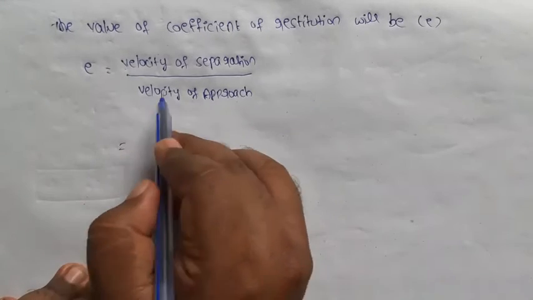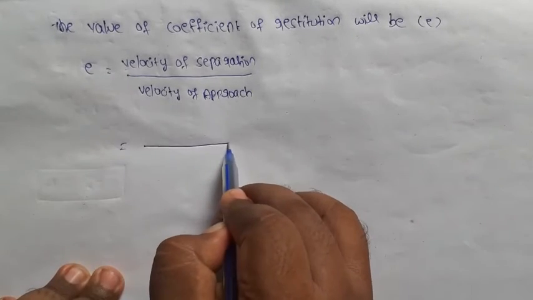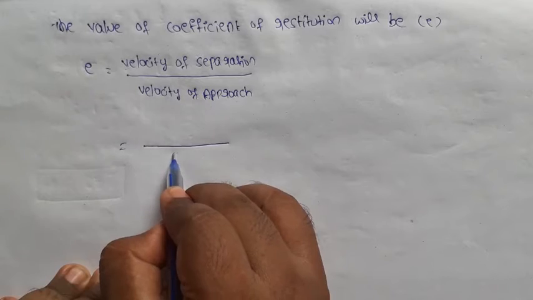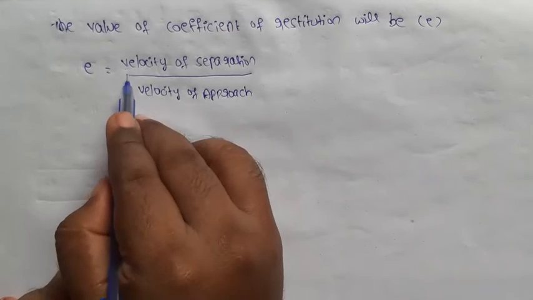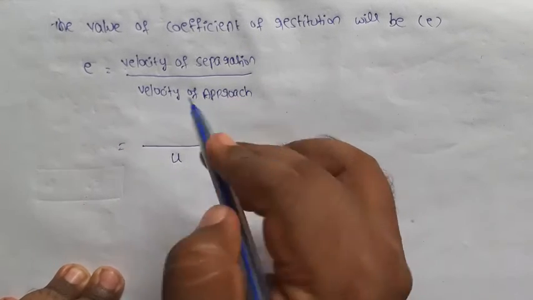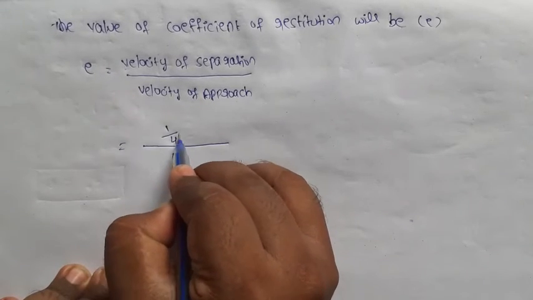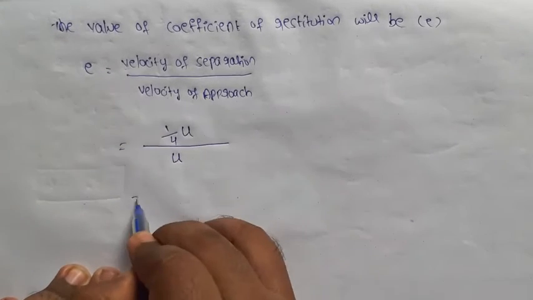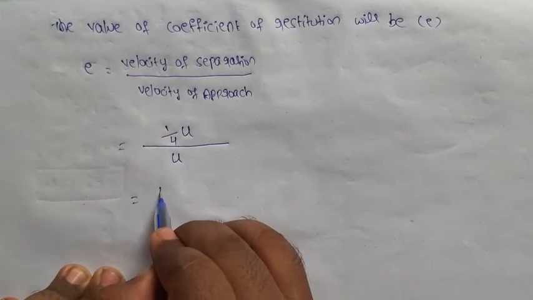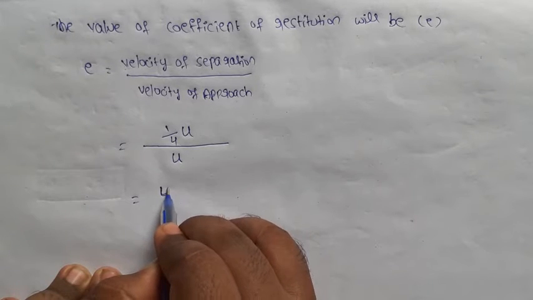The velocity of approach is u, and the velocity of separation is the final velocity, 1/4 u, written as u by 4.